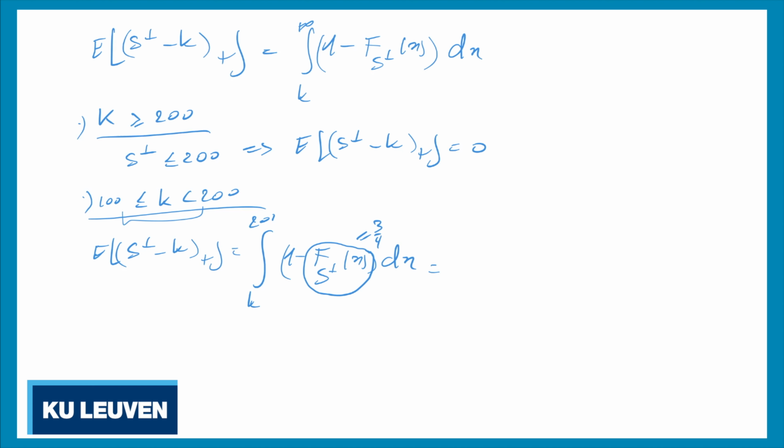So this integral becomes an integral from k to 200. The upper bound is 200 because we cannot exceed 200, so we can stop our integration at 200 and not at plus infinity. So we have 1 minus 3 over 4, which is 1 over 4, dx, which gives you 1 over 4 times (200 minus k).